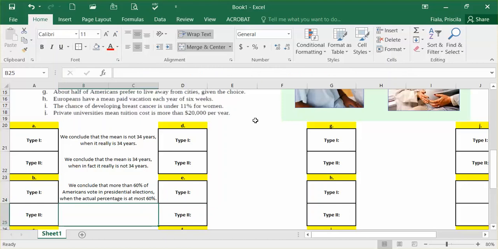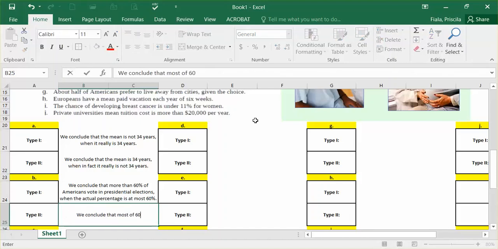Okay, so then let's go to the type 2. In this case, we would conclude that at most 60% of Americans, no more than 60%, vote in presidential elections when in fact more than 60% do vote.